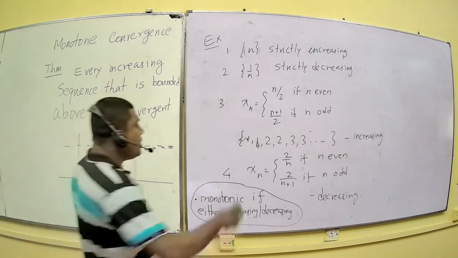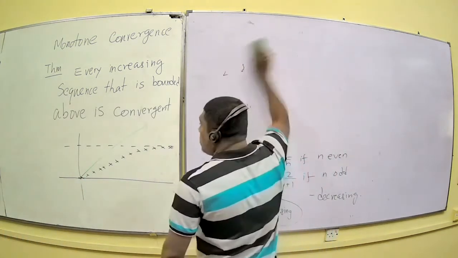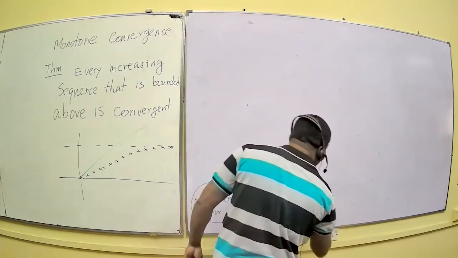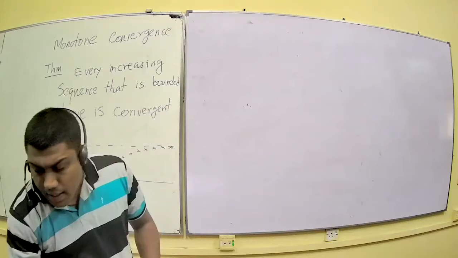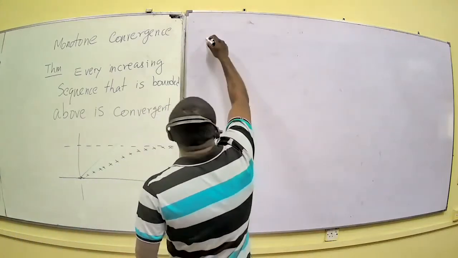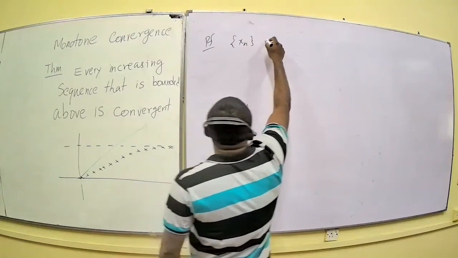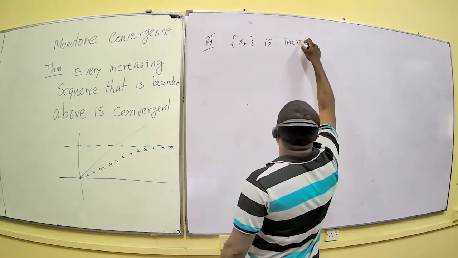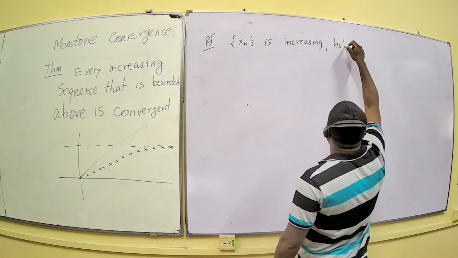Let me start the proof, and if I can finish, I'll finish it today. Otherwise, I will go to the next class. So let me take a set. Proof: xn is increasing, bounded above.